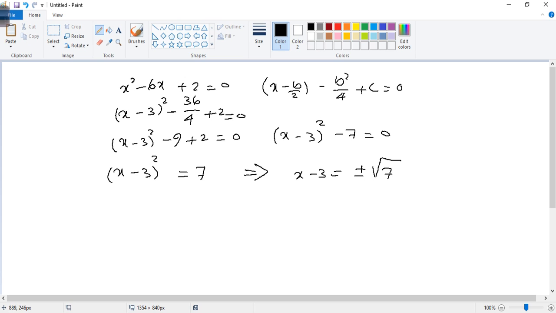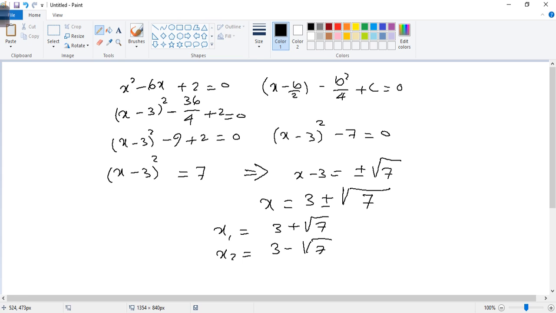So minus 3 goes to the other side, so x equals 3 plus minus the square root of 7. So x1 is equal to 3 plus the square root of 7. We can work it out on a calculator, and x2 is equal to 3 minus the square root of 7, and x1 and x2 are the two roots of the equation.